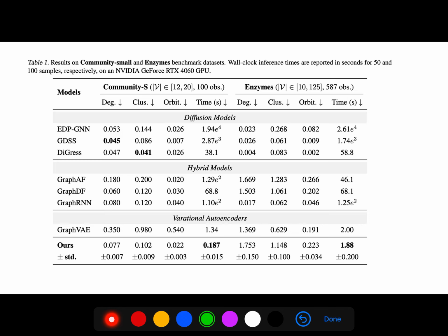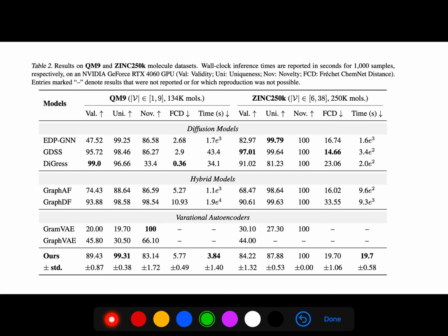And this is the wall clock inference time in seconds for 50 and 100 samples. These are results on QM9 and ZINC250K molecule datasets. You see validity, uniqueness, novelty, FCD, as well as time.